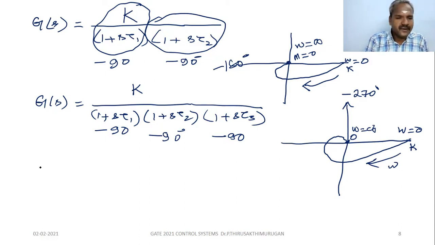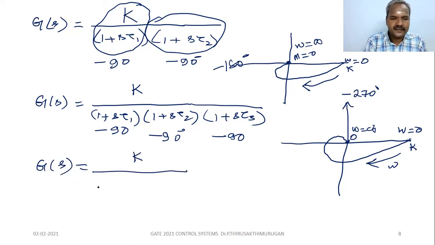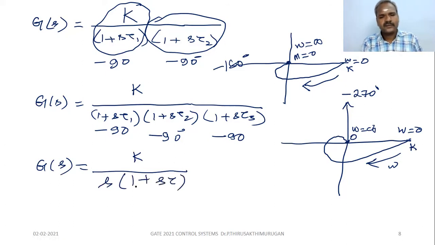Say if you have G of S, we are adding one type 1 system: K divided by S into (1 plus S tau). In this case, what happens to our polar plot?